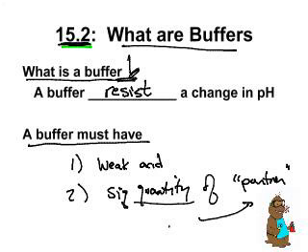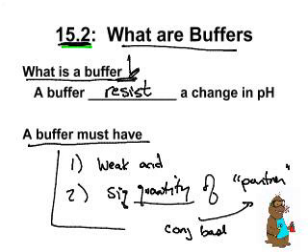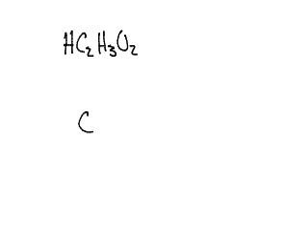The partner will be the conjugate base of the weak acid. I like to think they have to have partners in significant quantities. In significant quantities, I'm defining as within a factor of 10 of each other. So if I have acetic acid, the one we've been playing around with here today, the partner is acetate.